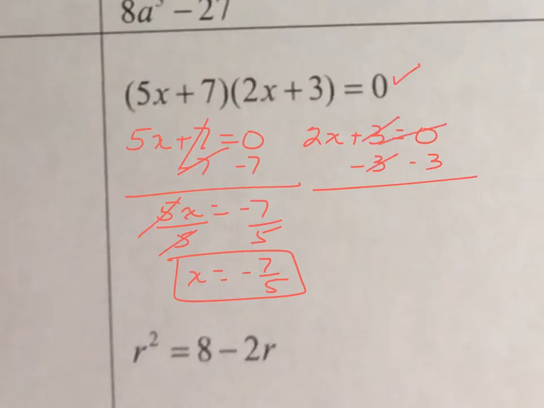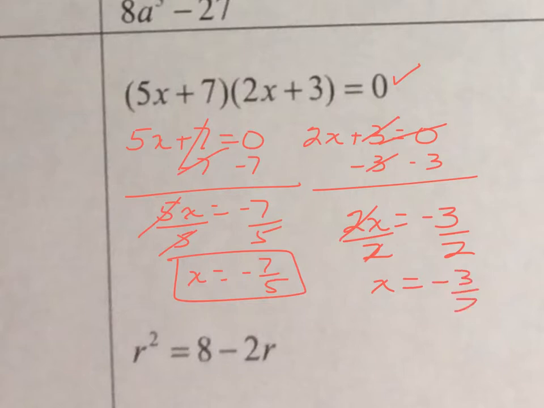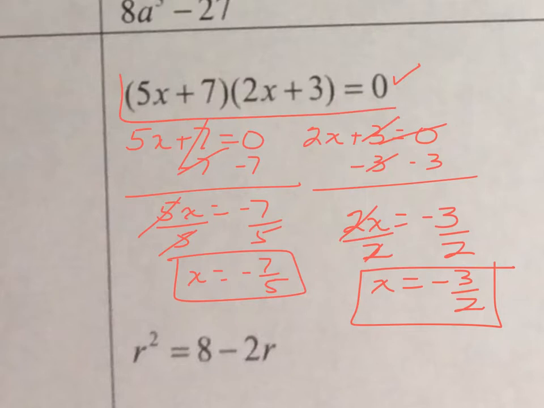Get those to cancel. And 2x would equal negative 3. Divide by 2. X will equal negative 3/2. So if it's something times something equal to 0, you're almost done. All you got to do is take each factor, set it equal to 0, and solve. So that's good living. Shouldn't be bad.